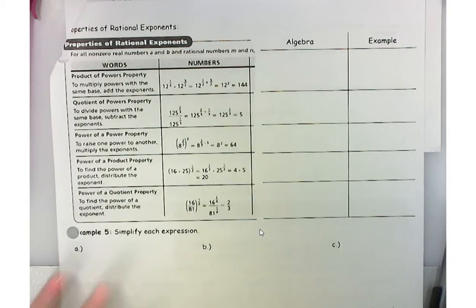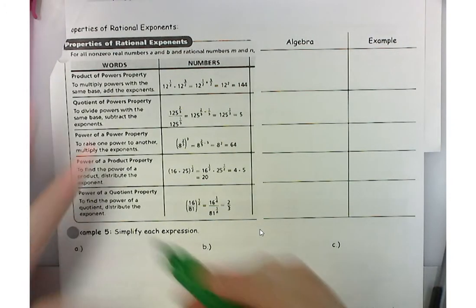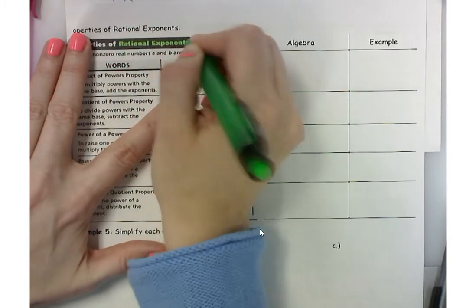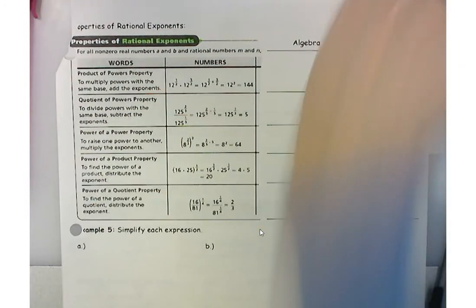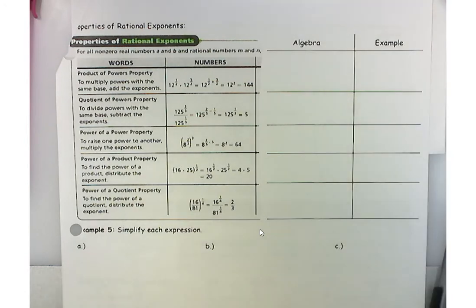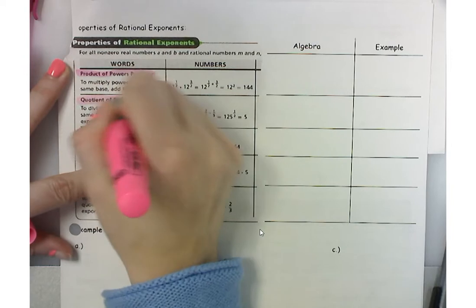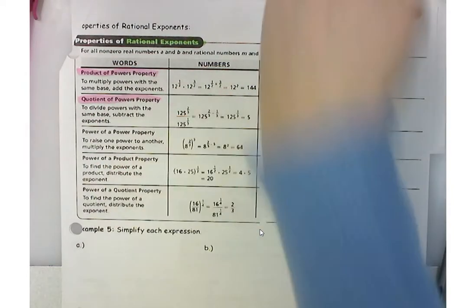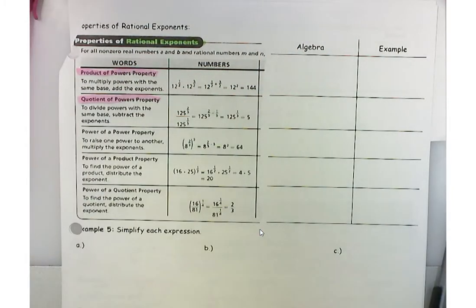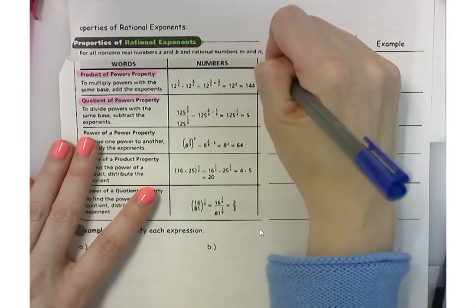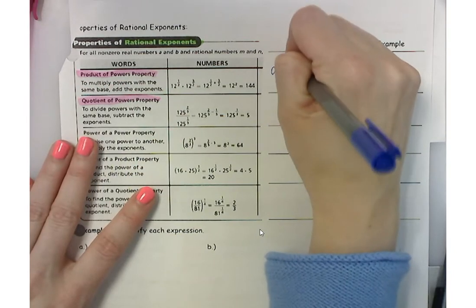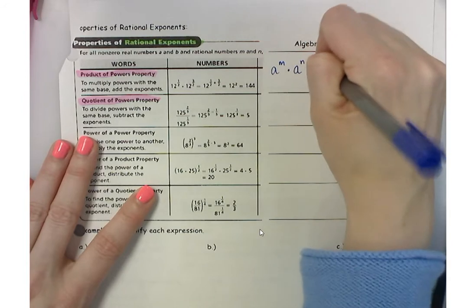All right, so properties of rational exponents. These should be familiar to you from Algebra 1. The first two we're going to talk about, the product of powers and the quotient of powers, is something we've also done this year. Okay, so my rule, if I have a product of a power, is if I have a to the m power and multiply that by a to the n, then I can add m plus n.